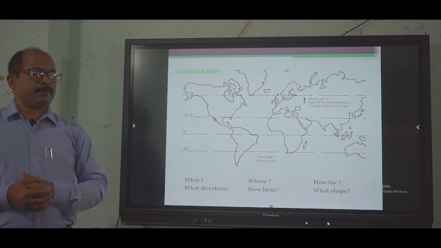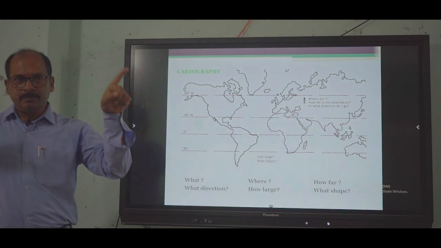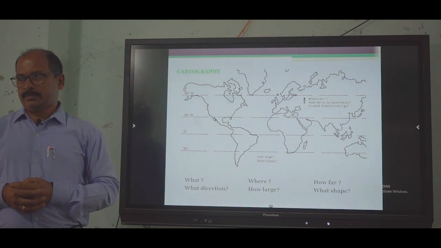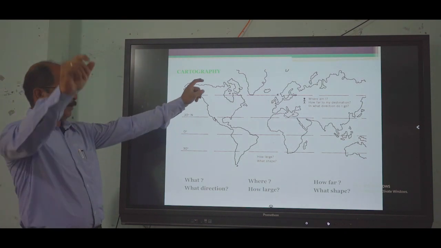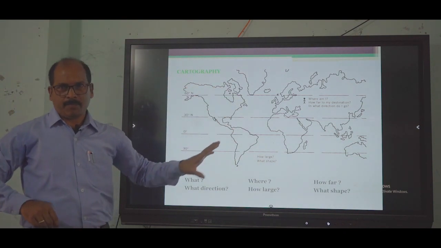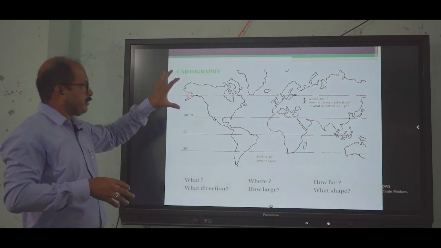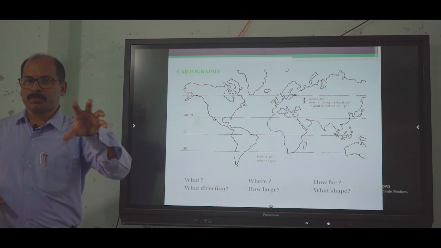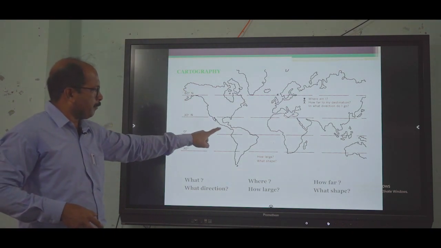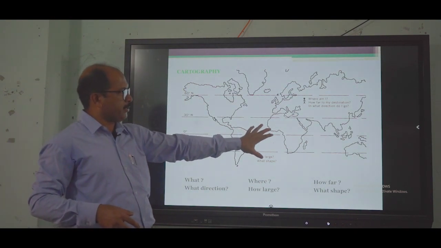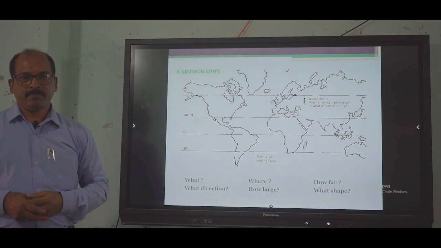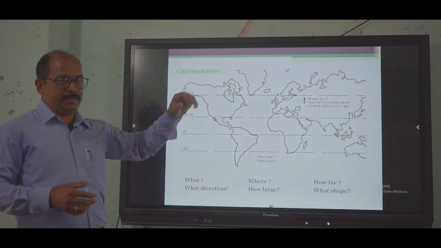So cartography is nothing but the art and science of preparing maps. Look at this map. These are only lines. The shape of the lines resembles the actual shape of the American continent, African continent and Asian continent. How do we draw? With the help of lines.